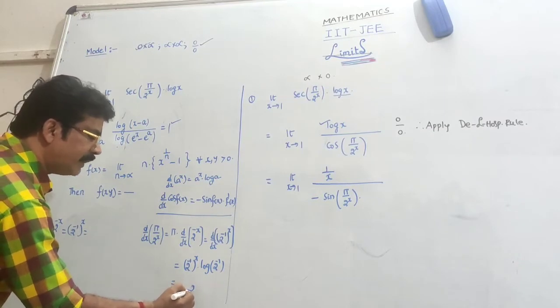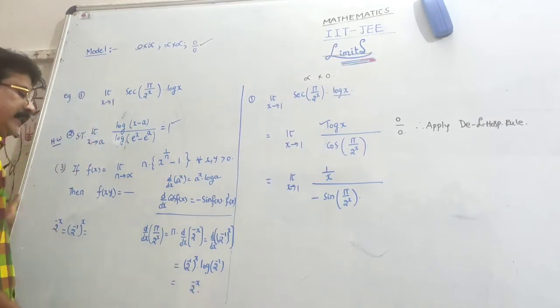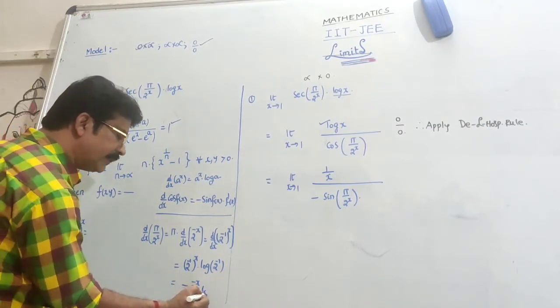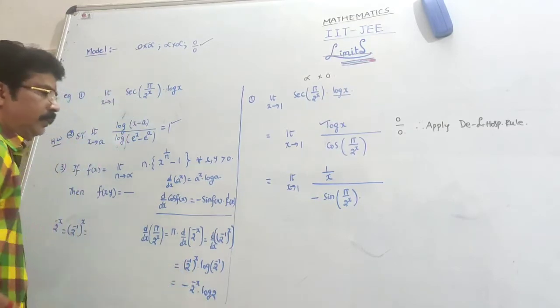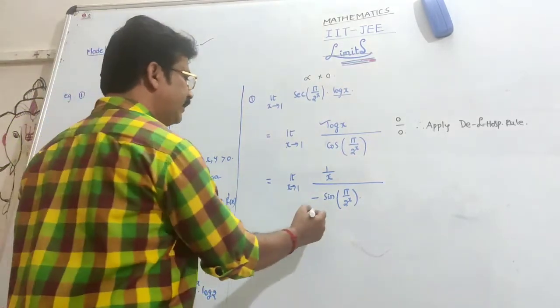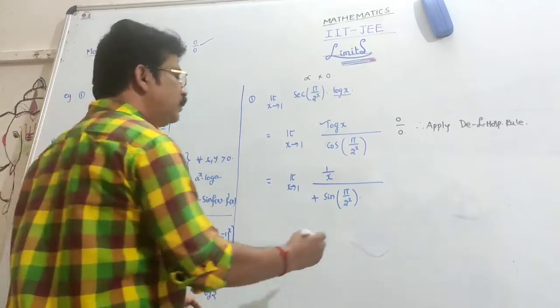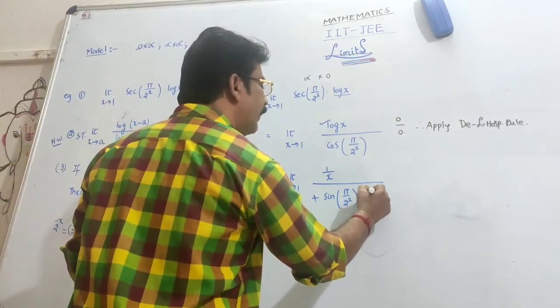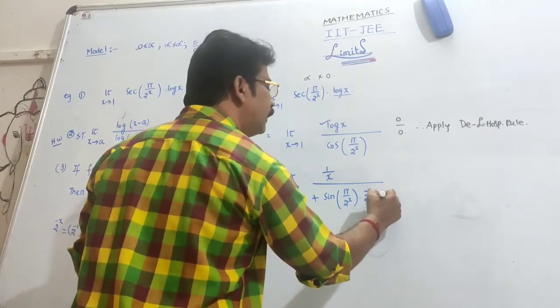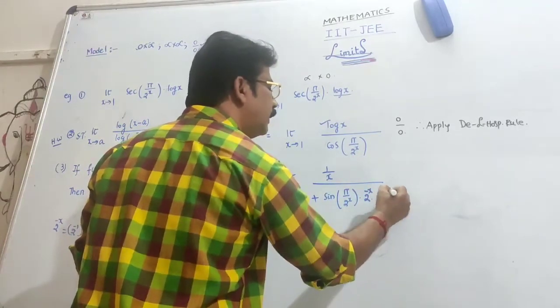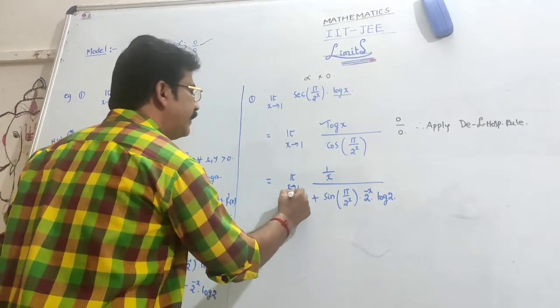So it is nothing but 2 power minus x into minus log 2. Here, minus is already there. Therefore minus into minus is plus: 2 power minus x into log 2. So put x equal to 1.